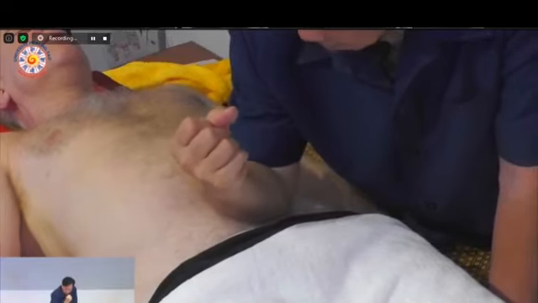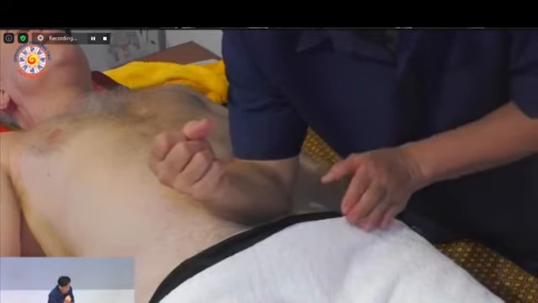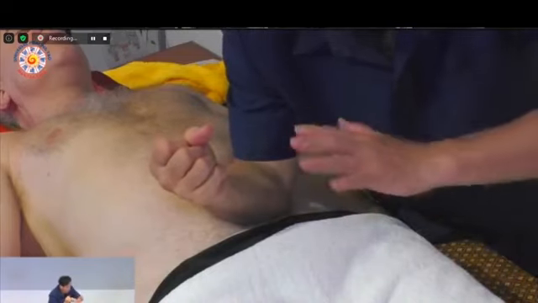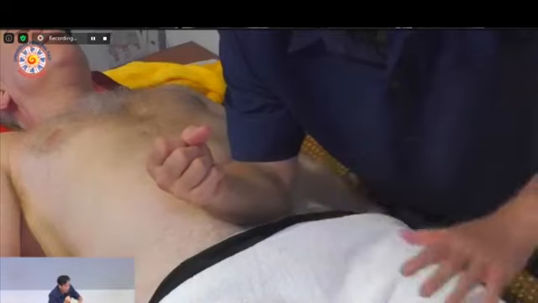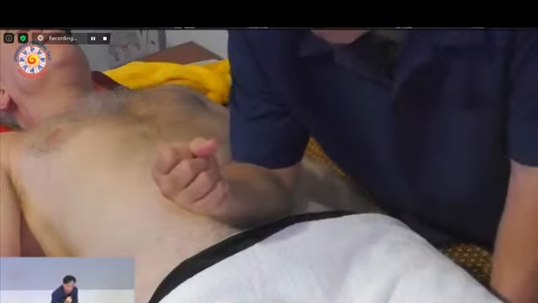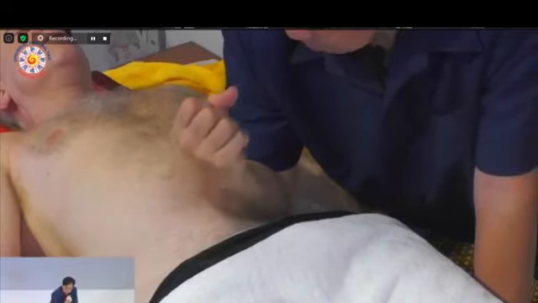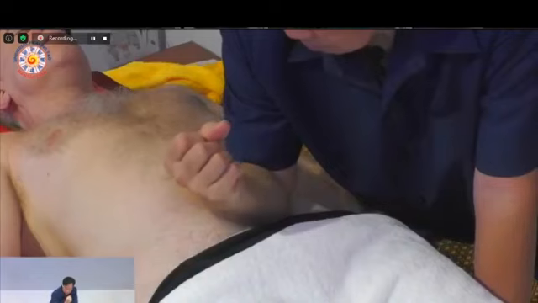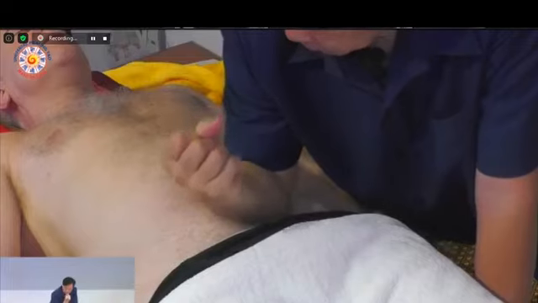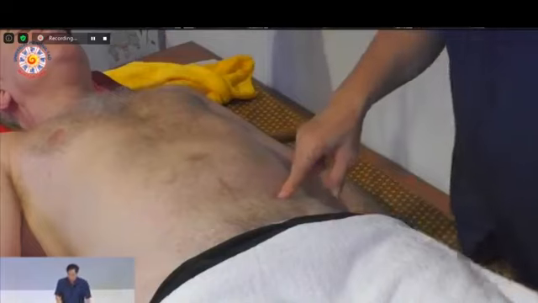Okay. Now, when you work on this, a lot of blood and chi flow to the leg, and it pushes out all the wind and heaviness. Now, 40, 41.